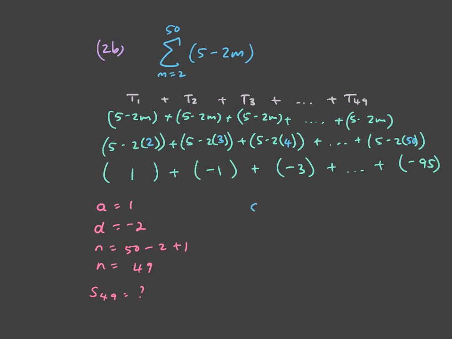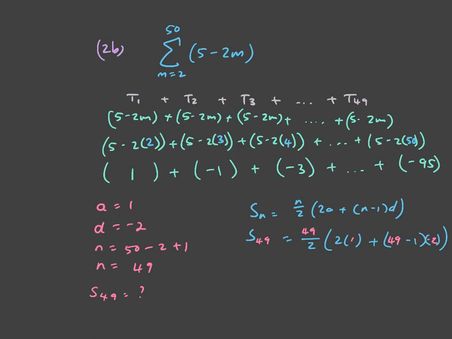So therefore the sum Sn is equal to n over 2, 2a plus (n minus 1)d. So the sum of the first 49 terms is going to equal 49 over 2, and then 2a plus (n minus 1), and then the difference. So in other words, a in this case is equal to 1, n is equal to 49, and the difference is equal to minus 2.